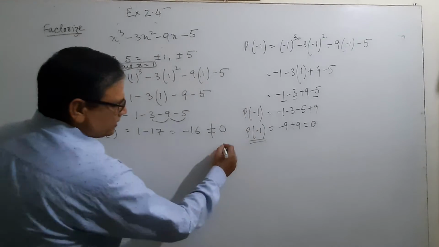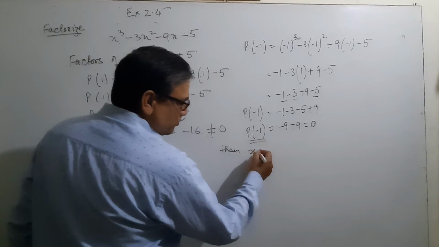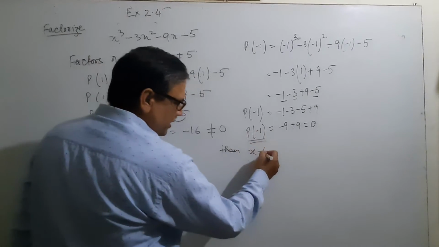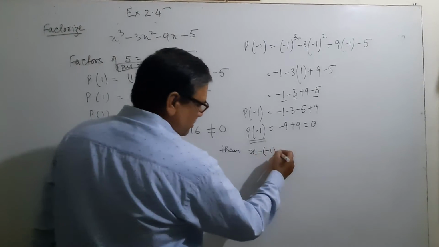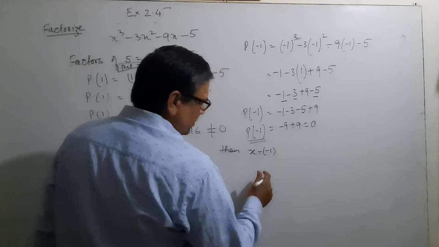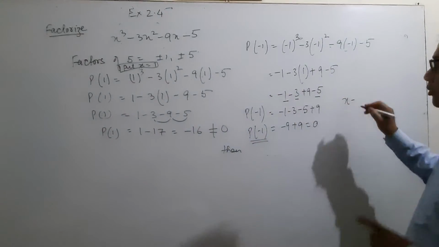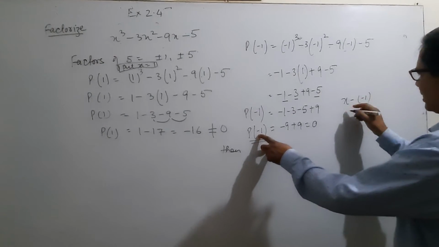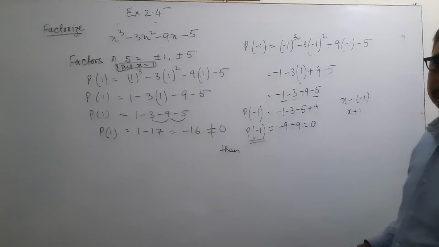So what I told you is that here we put x equal to minus 1, so what do we have to write? We have to change the sign: x plus 1.